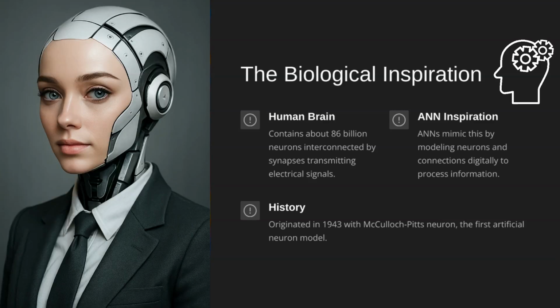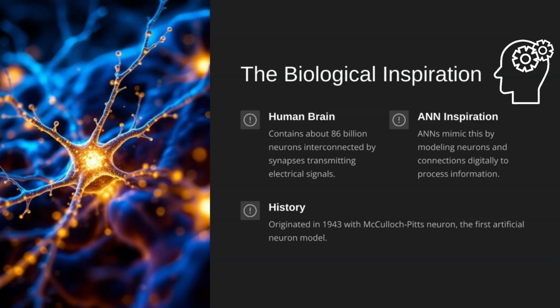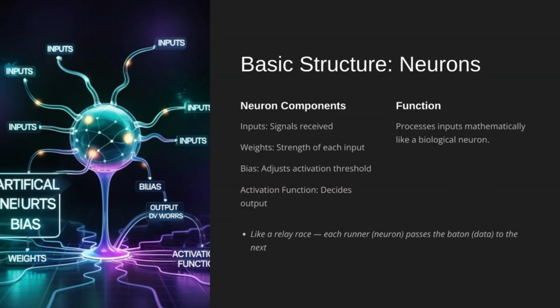They mimic the brain by creating digital neurons and connecting them in layers to process information, just like our brain does. This idea dates back to 1943 with the introduction of the McCulloch-Pitts neuron, the very first artificial model of a neuron.